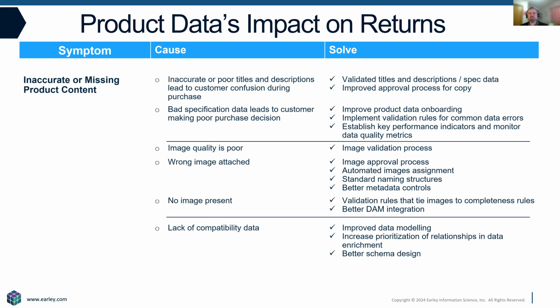Right. And there's another one that I want to call out in this, and that's the standardized naming structures for images. We've both been involved in PIM implementations. I previously worked for a PIM platform vendor.